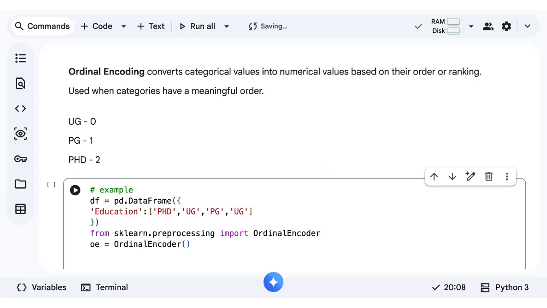And what you can do, inside OrdinalEncoder itself, you can mention the categories. You can mention the order. So what should be given the least importance? UG, PG, and then PhD. You have to tell the order. Okay, and then the normal approach: you just have to fit it.